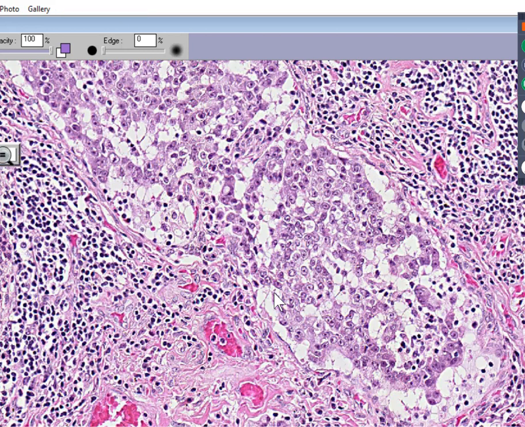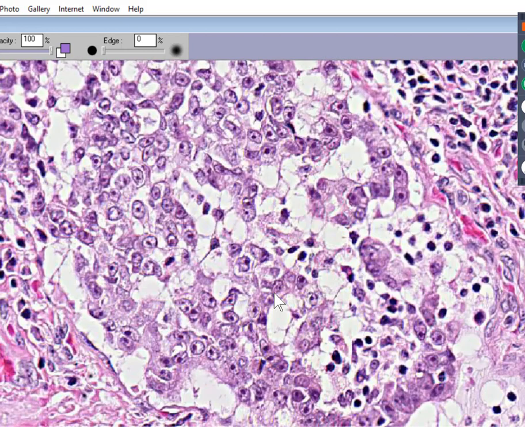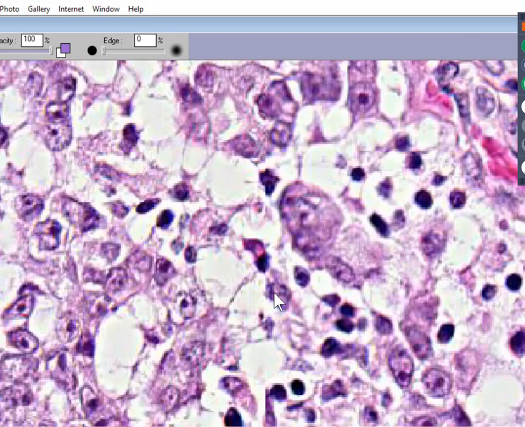But here, let's zoom in a little bit higher, and we're going to definitely show you these little glands. Do you see how prominent that nucleolus is? Do you see how irregular it is?